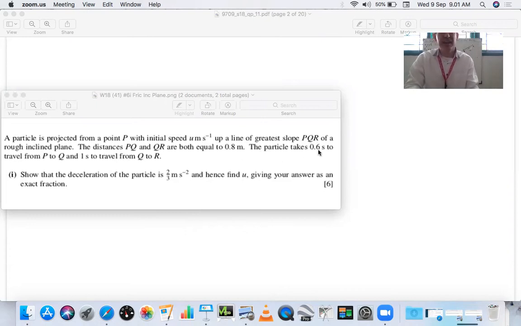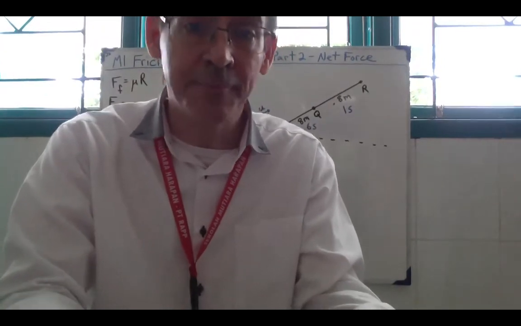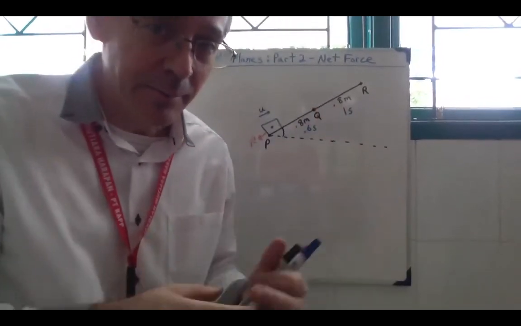The particle takes 0.6 seconds to travel from P to Q and 1 second to travel from Q to R. Show that the deceleration of the particle is 2/3 meter per second squared, and hence find u, giving your answer as an exact fraction. So let's just look at our diagram real quick and think through our mental questions that we need to ask.